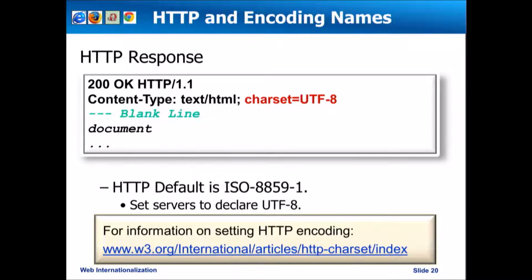It says it's using HTTP 1.1, and it says the content type here is text/html, and the charset is UTF-8. So your browser sees that and says, okay, I know how to interpret this page. The default for HTTP for most servers was 8859-1, so you want to make sure to set your servers to declare the right string.